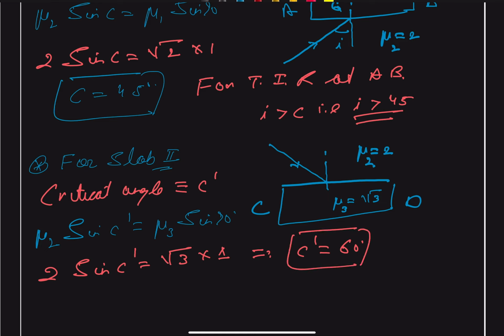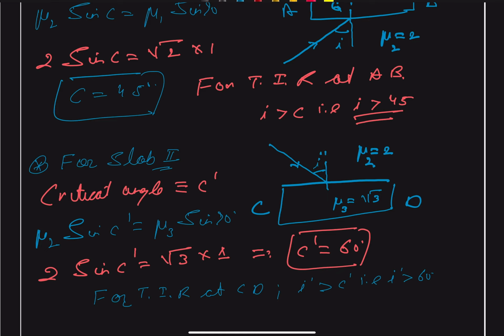So which means that for total internal reflection at CD, our angle of incidence, that is i, or we can call this i prime for the sake of differentiation, should be greater than our C prime, that is i prime should be greater than 60 degrees.